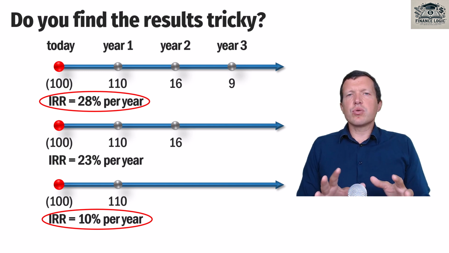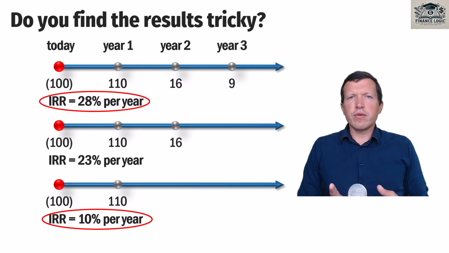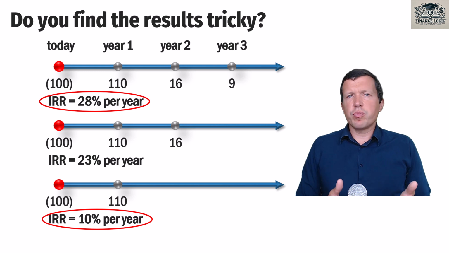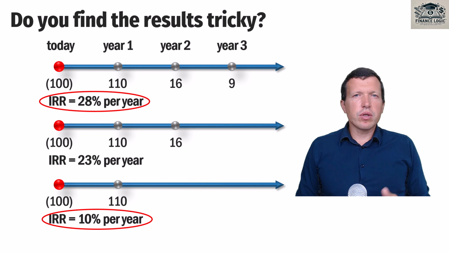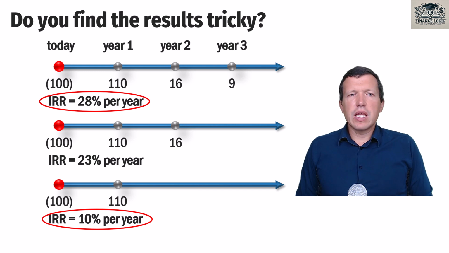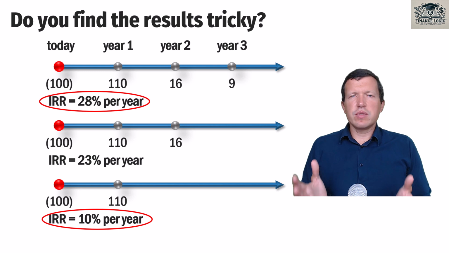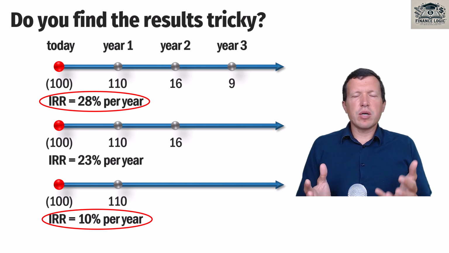They are not so significant compared to the initial investment and compared to the cash flow benefit in year number 1. But our internal rate of return is almost 3 times higher compared to the project that lasts only 1 year. So how is that possible? Does it mean that our numbers are wrong or not?